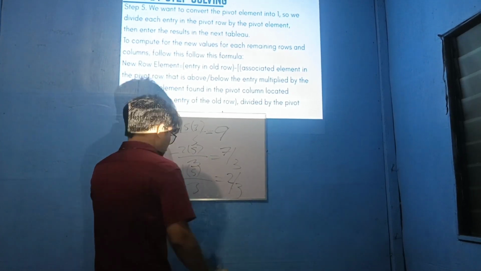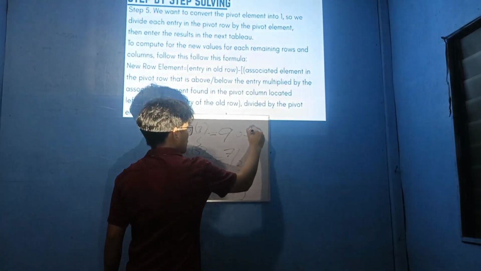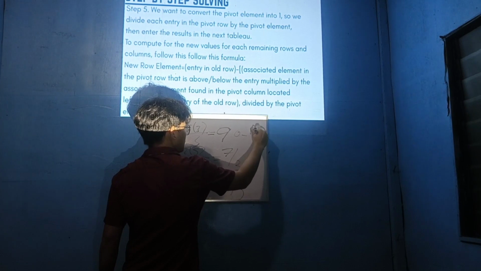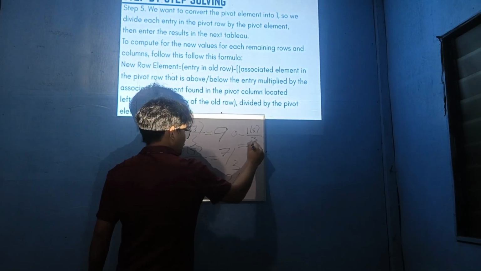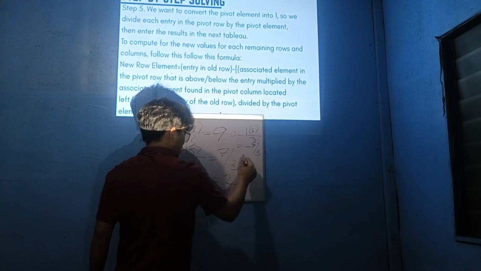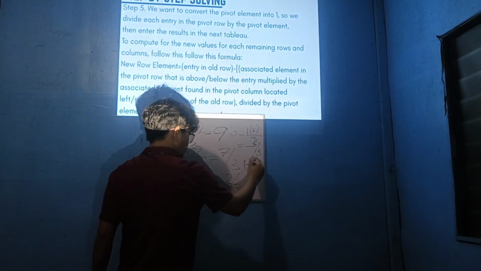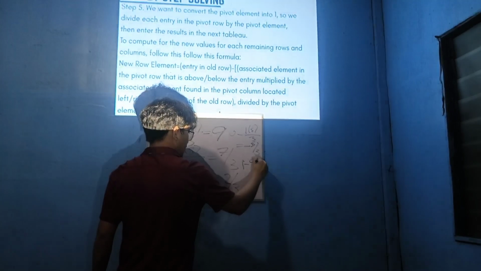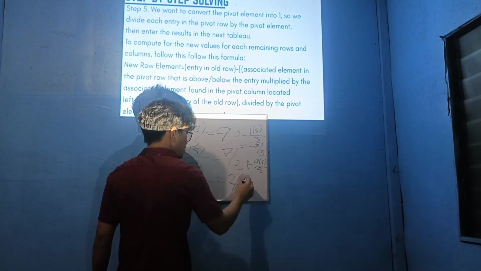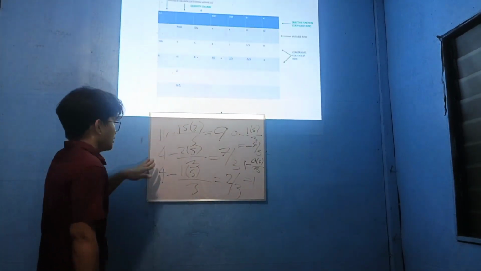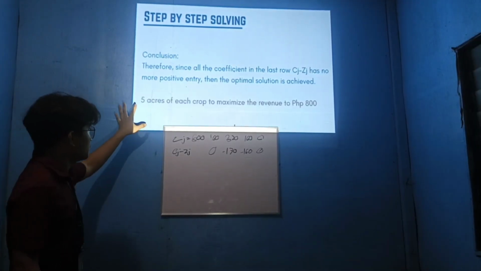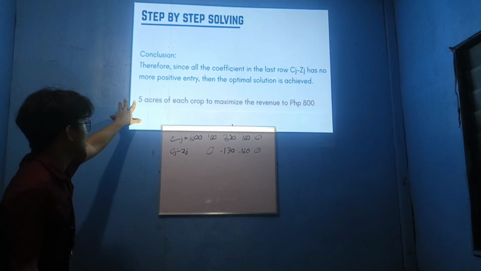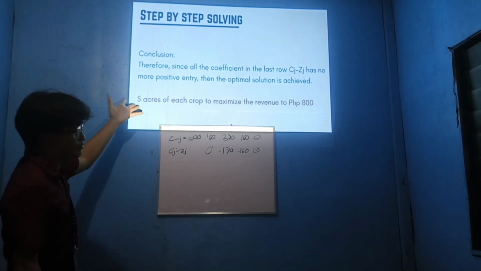And our 0 minus 1 times 5 over 3 is equals to negative 5/3. And our 1 minus 0 times 5 over 3 is 1. As it shows us, this solves problem number 2.